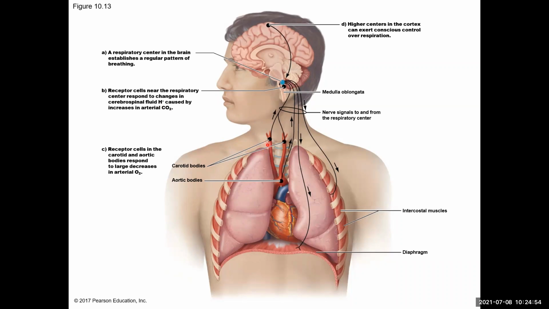But also remember there are receptor cells in the carotid arteries as well as the aorta that detect oxygen concentration, and it really needs a large decrease. We're talking about a 1/5 drop in oxygen in order for these bodies to stimulate a response to the medulla oblongata.